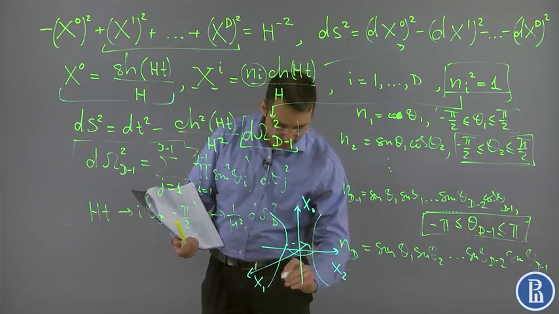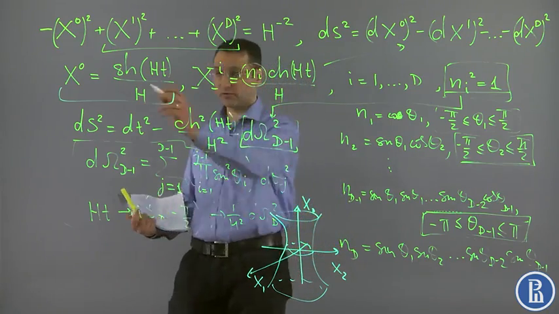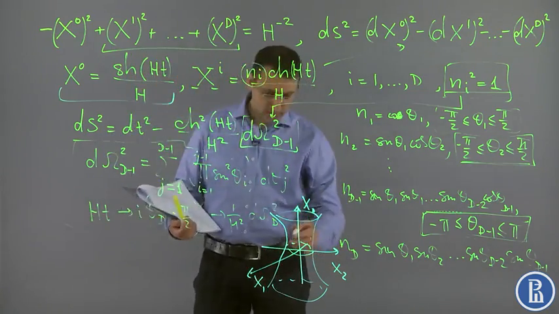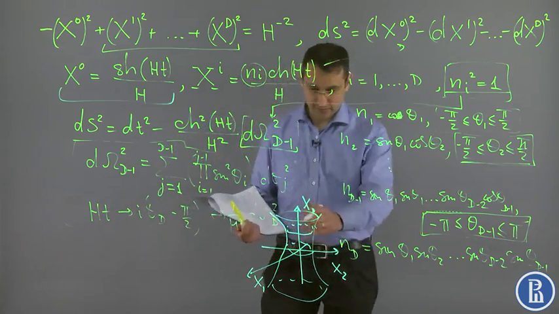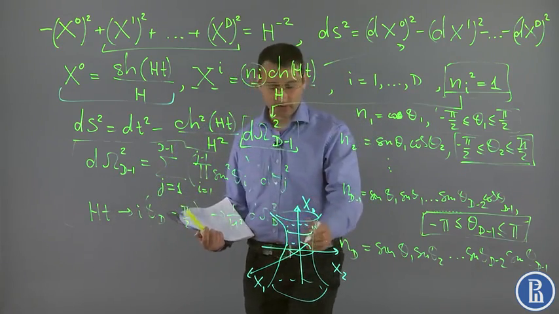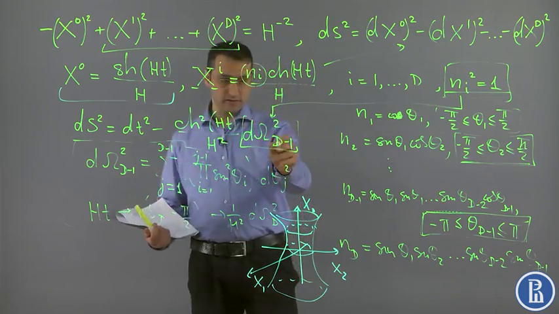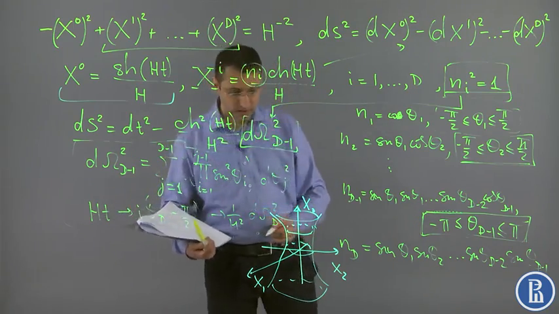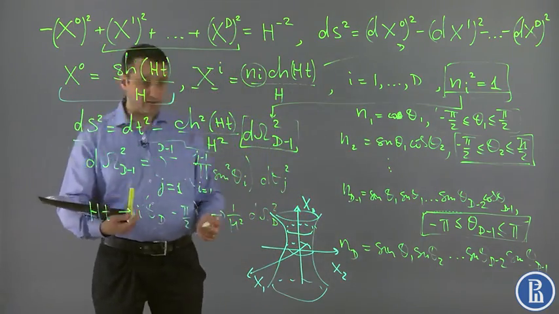Every time slice, constant x0 corresponding to constant t, is just a d minus 1 dimensional sphere. For the two-dimensional case it is just a circle, because we have a one-dimensional sphere.